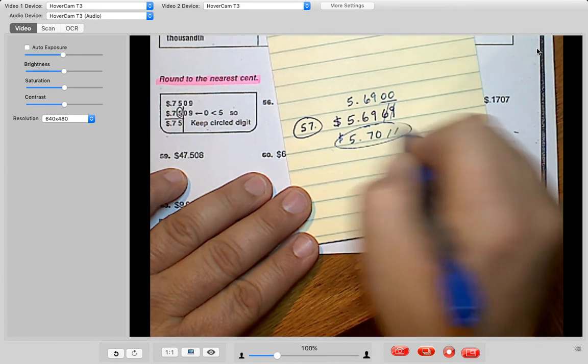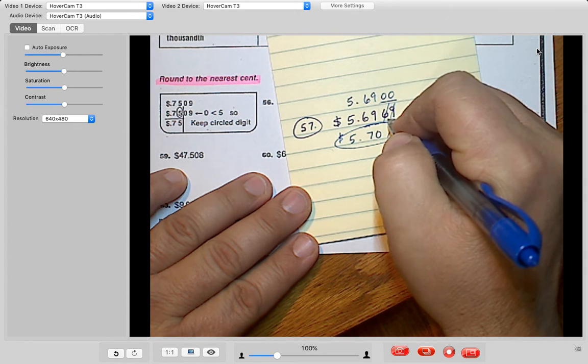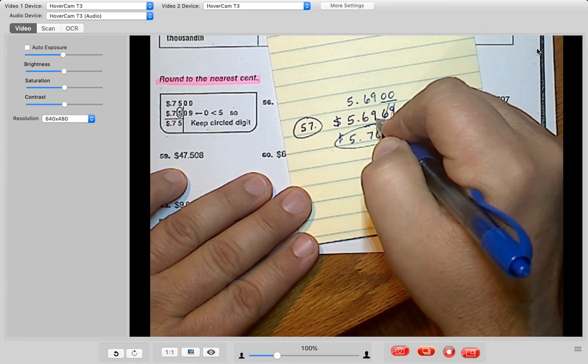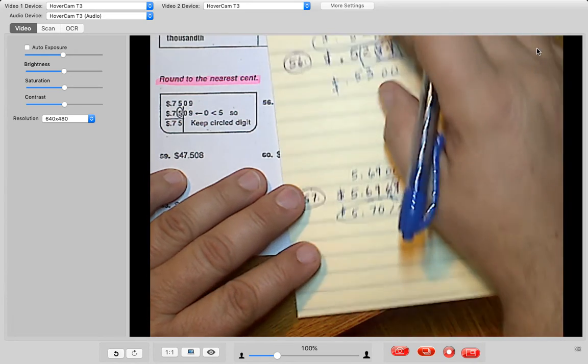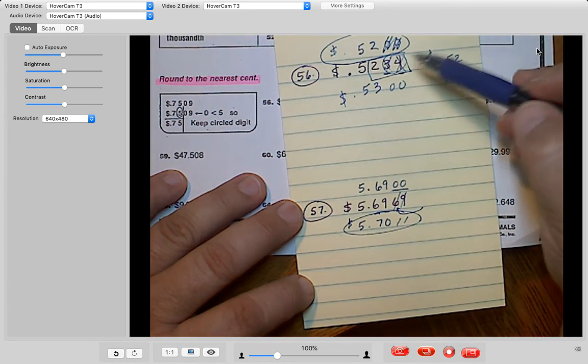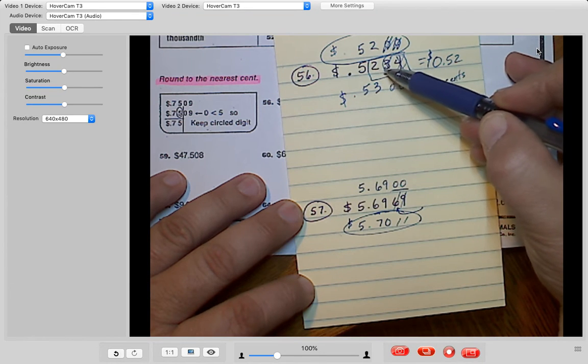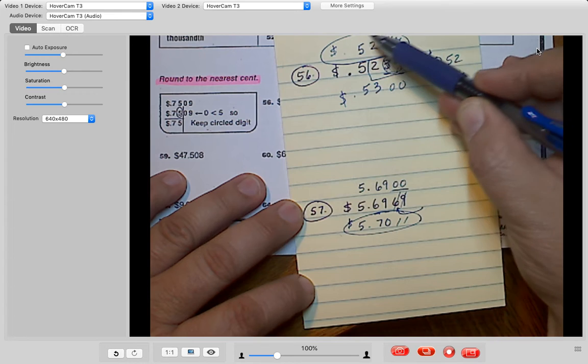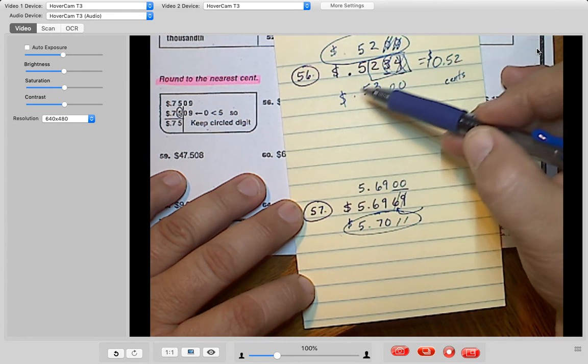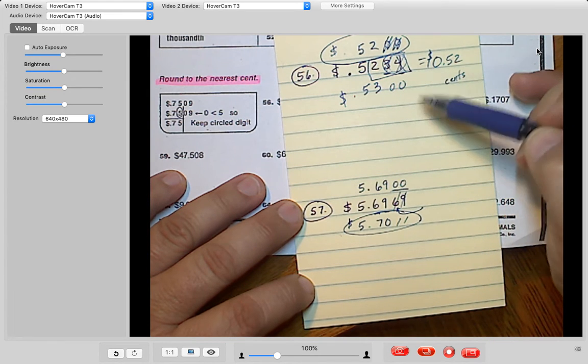So you've got the basic rounding technique here, where you're looking at this number to tell you what to do with the next number. Same thing that happened up here. You're looking at the 3 to tell you what to do with the 2. There's a reason why we do that. It's what makes it closer to the next number right there.